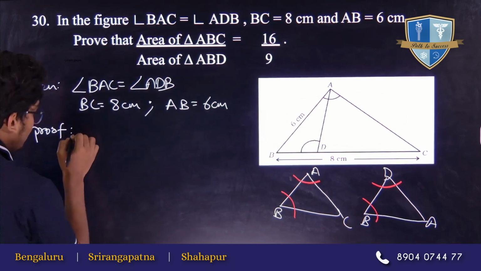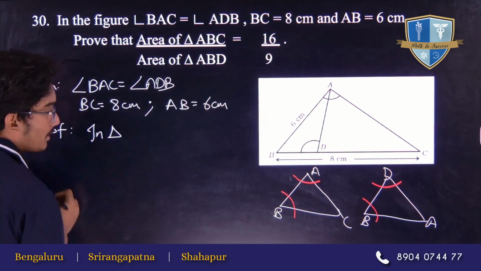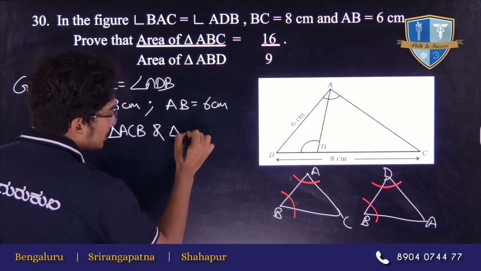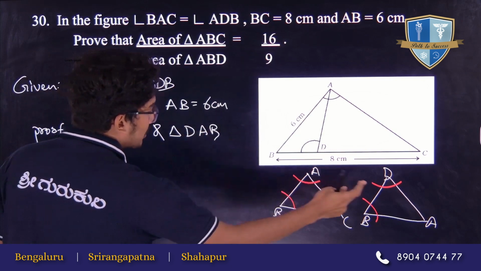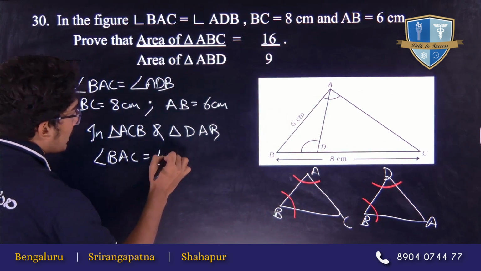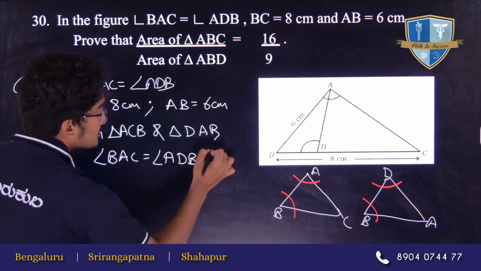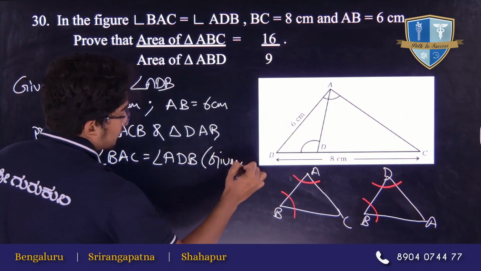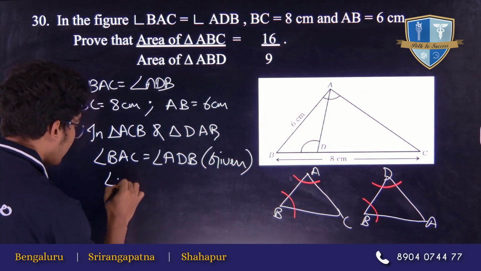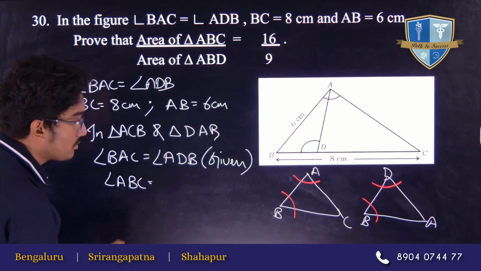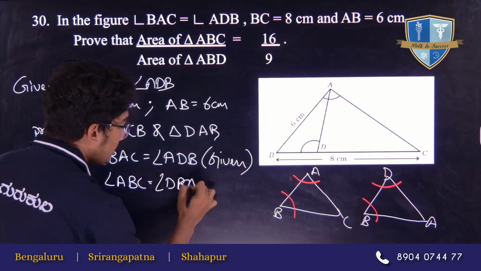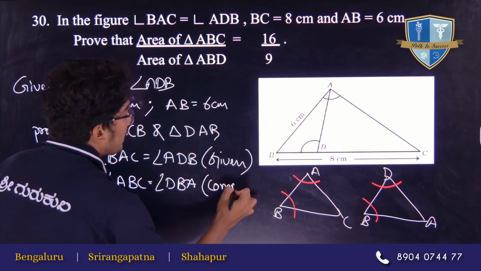So, if two angles are the same in two triangles, then those two triangles will be similar triangles. Similarly, we'll write: in triangle ACB and triangle DAB, angle BAC is equal to angle ADB. This is given in the question. This is the given data. And angle ABC is equal to angle DBA, because they are common angles.